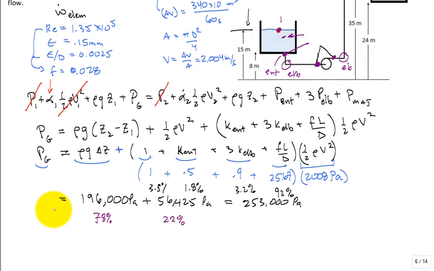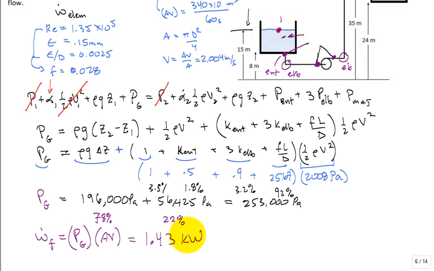So once I know what the pump has to put into the system, and I know the flow rate, I know what the fluid power is. It's the product of the pressure gain in the pump times that volumetric flow rate. It comes in at 1.43 kilowatts.